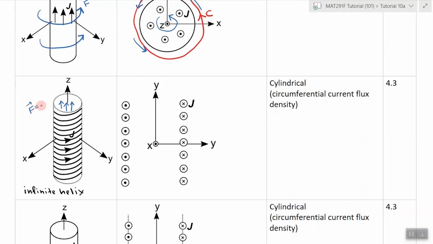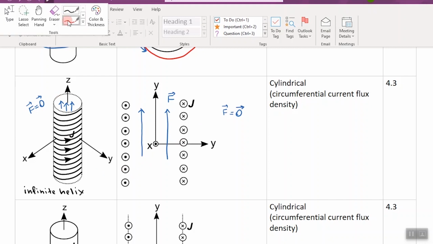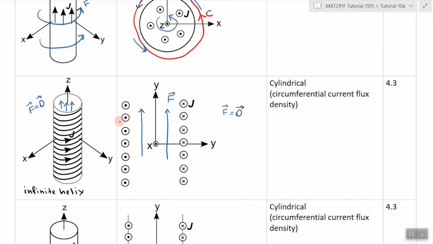We had a discussion in tutorial 8 about why this is the case and why it's a very good assumption to have. This is how this looks. This is the field. Field outside is 0. And the contour you would set up would again capture your current density.